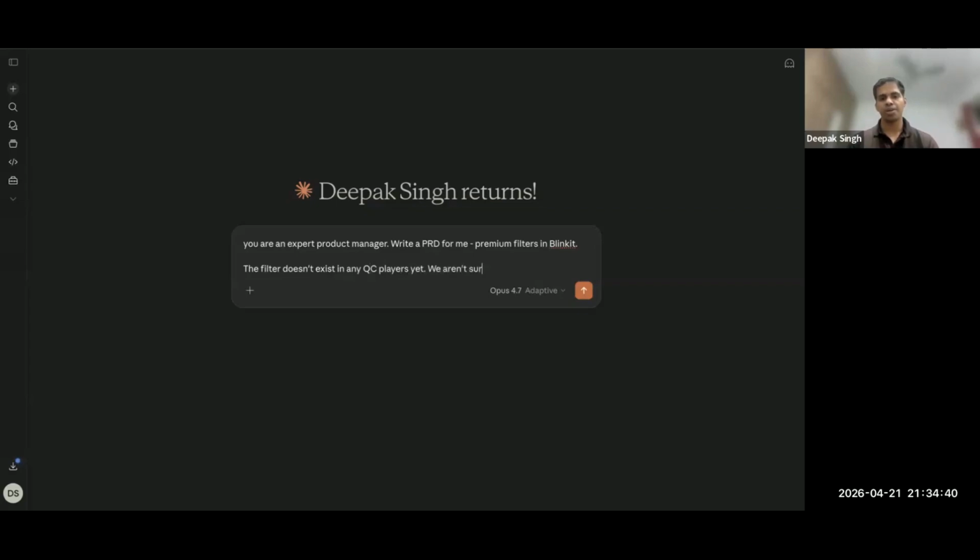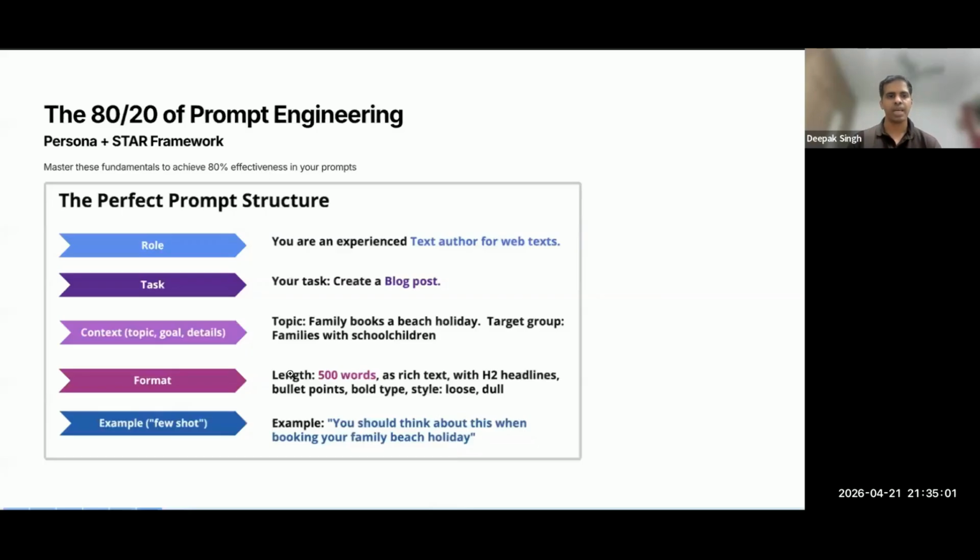We aren't sure if we should launch it. I want to see how the product requirements look. Let's say this is like you're doing a very exploratory sort of product requirement document.